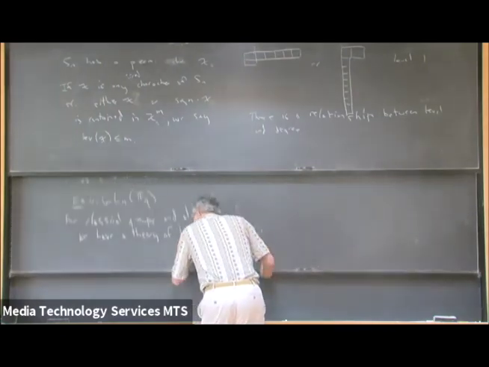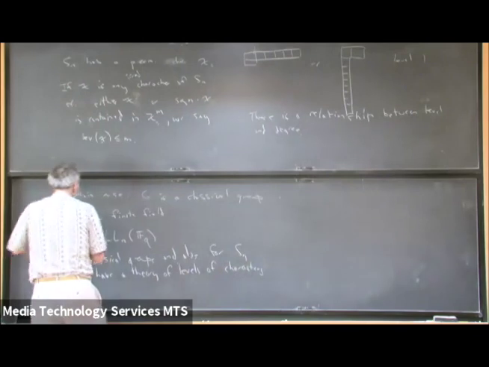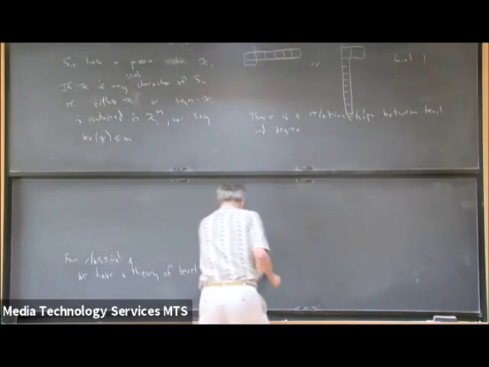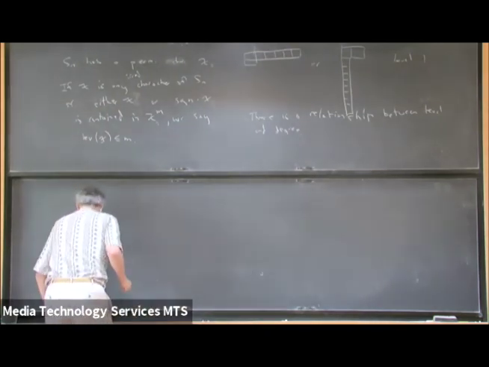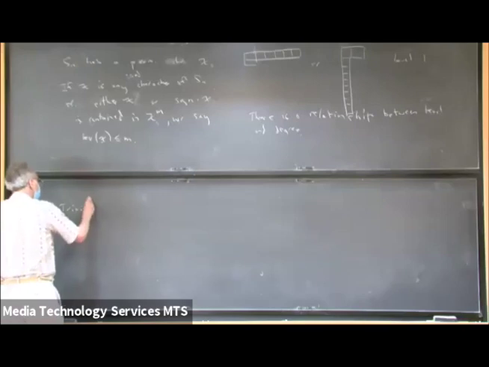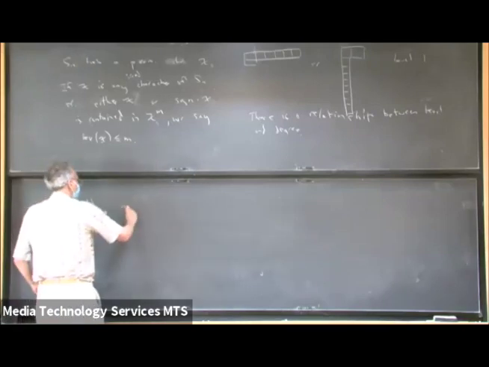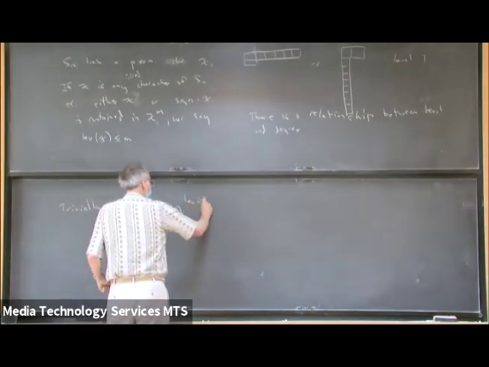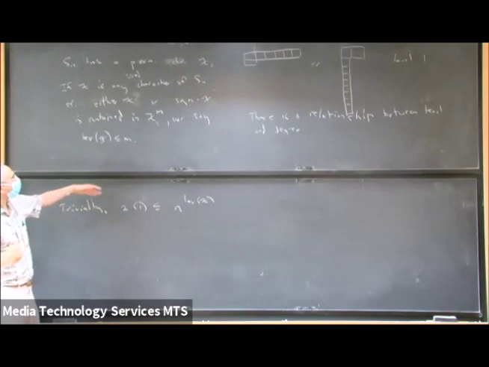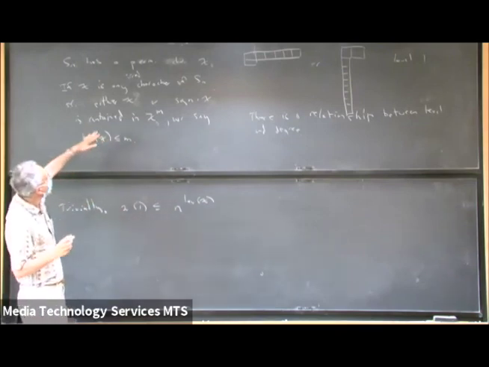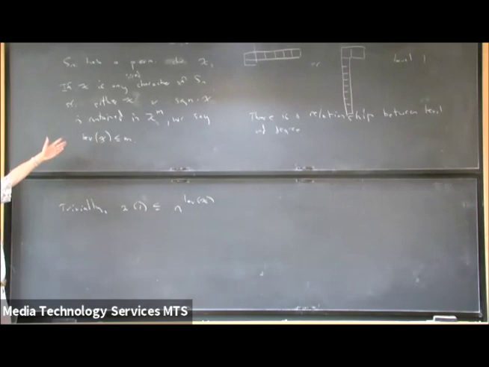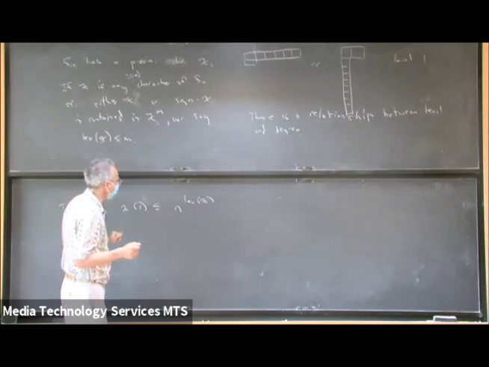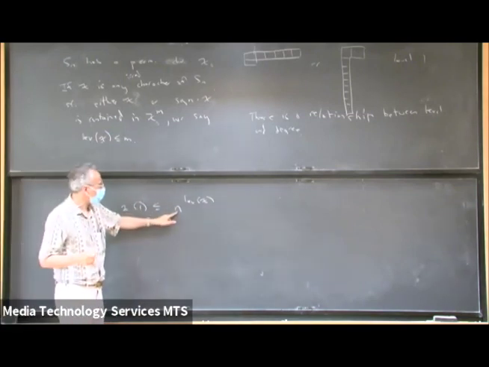So trivially, we have that the degree of chi is less than or equal to n to the power of the level of chi, because chi up to characters is a factor of chi 0 to the m, and this is the degree of chi 0.